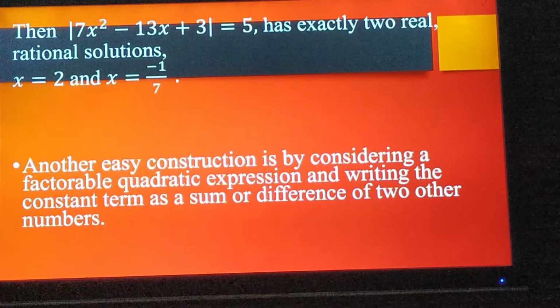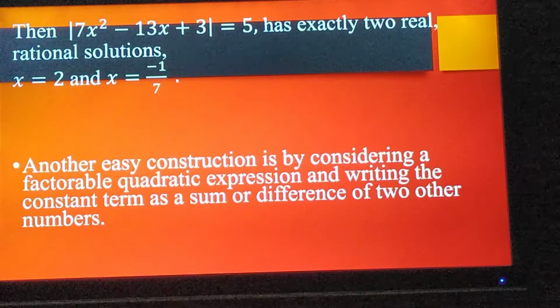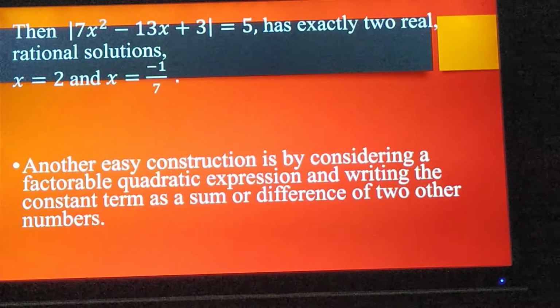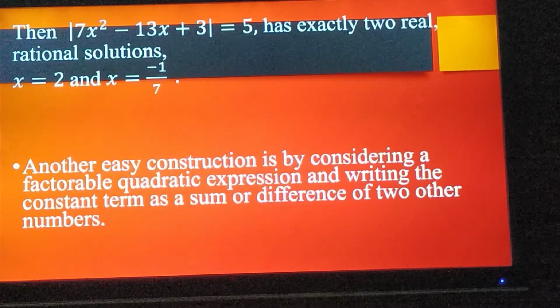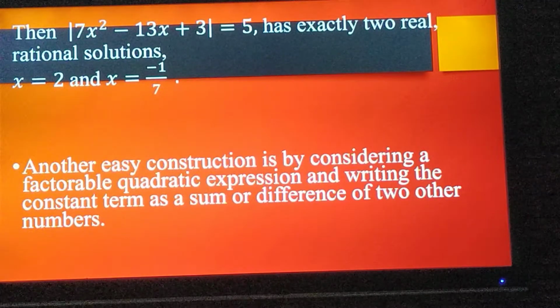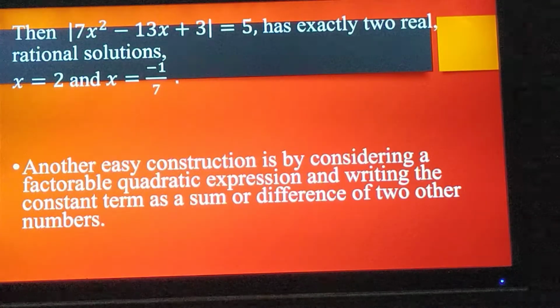This equation has at least two real rational solutions, namely x equals 2 and x equals negative 1 over 7.